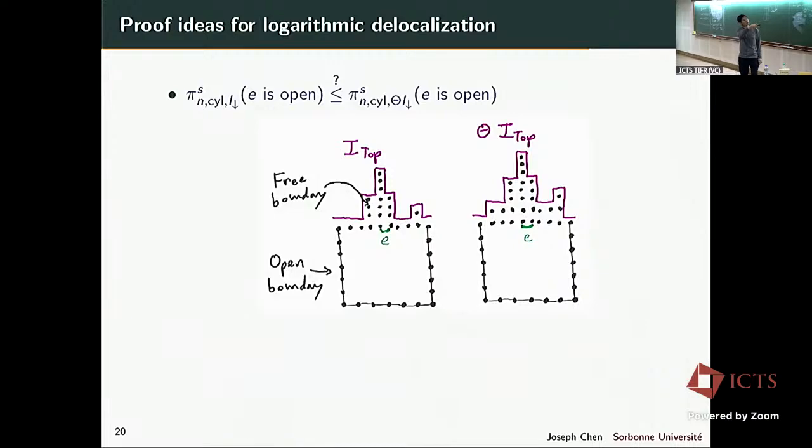And so I have this graph, which has some mixed free and open boundary conditions, but the point is just that it's a bona fide random cluster model with no additional conditioning. And I have some edge at height 0, and I want to compare the probability that it's open compared to the graph on the right, which is just everything shifted up by 1.